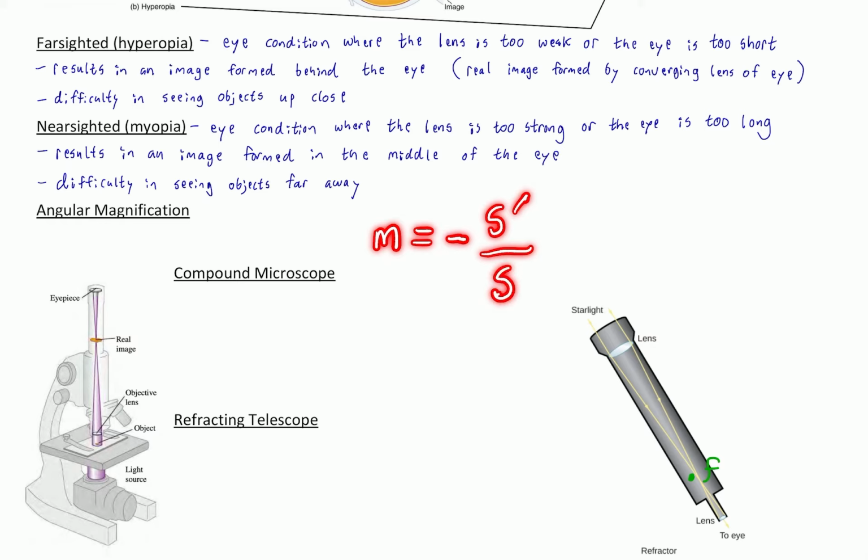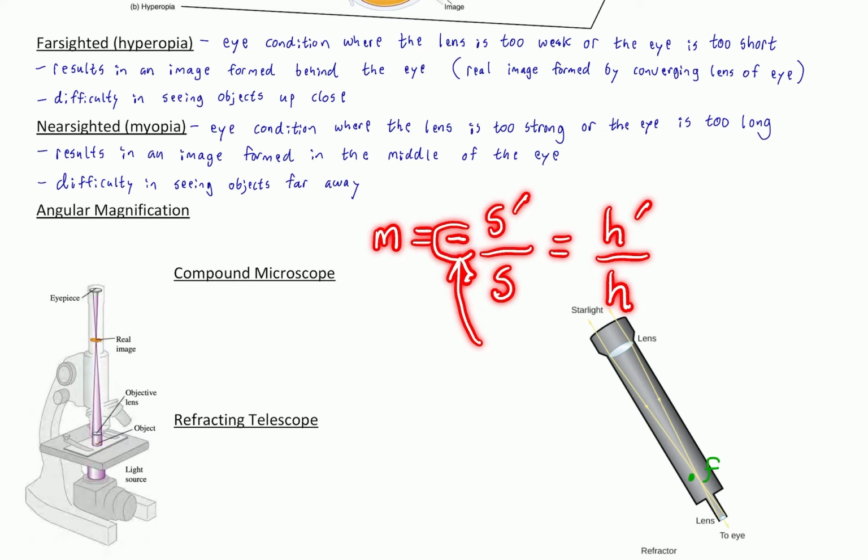What that actually meant was that the image height over the original height was equal to that factor. So if the magnification factor was 2, the image was twice as tall. We also had a meaning attached to the sign, because if the magnification was negative, it meant that the image was inverted, flipped upside down. And if it wasn't negative, it meant that the image was upright.